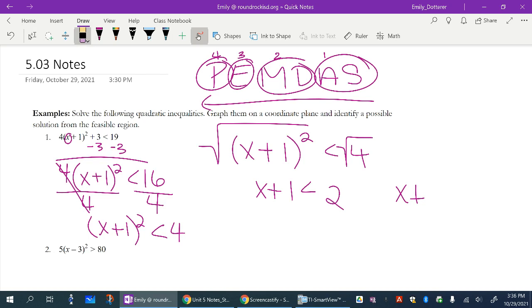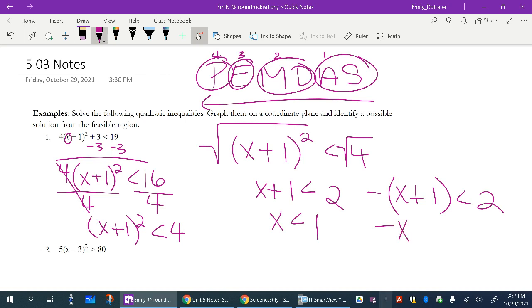So this could also be true. Subtract 1 from both sides, we get 1.